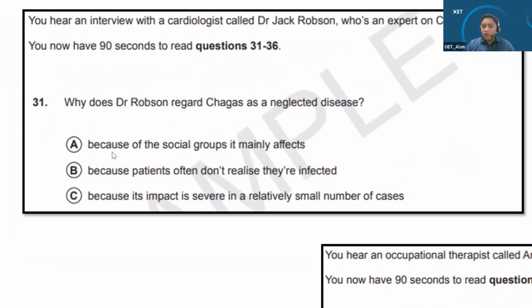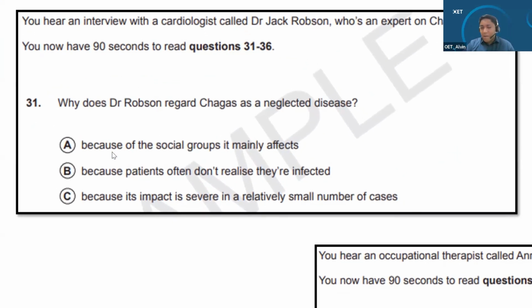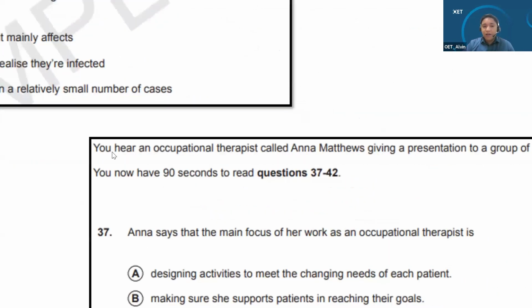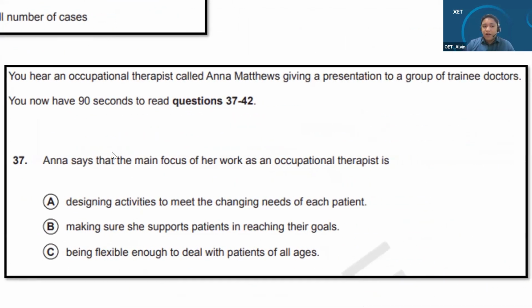So for the first 5 minutes, they're 31 to 36. You get a question and you get the options. For the next presentation, it's another 5-minute audio, so you get questions 37 to 42. You get a question, you get the options. As I told you earlier, it could be not in question form, but in sentence form where you need to fill in the blank.